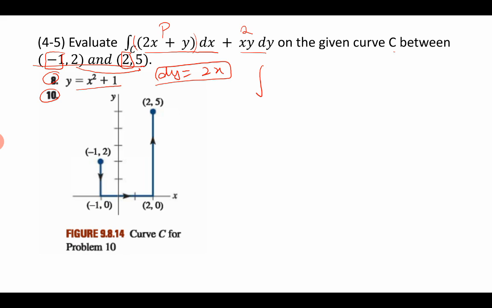I will integrate here, integral over C. I am converting everything into x. So the limit of x from the lower point is -1, upper point limit is 2.